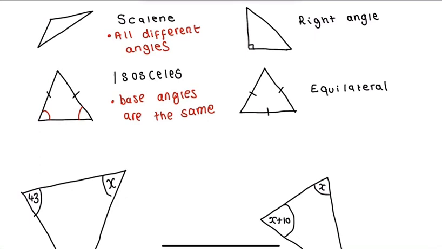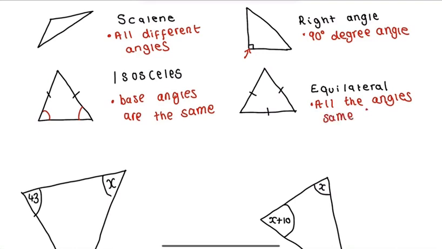A right angled triangle has a 90-degree angle, which is shown by that box there. And an equilateral triangle, all the angles are the same. Because all of the angles are the same, they're all 60 degrees.